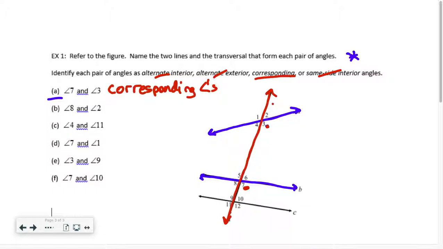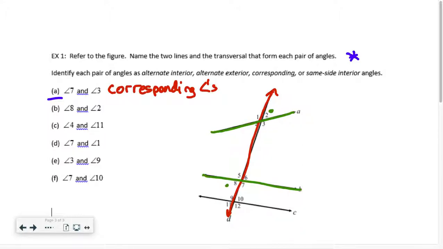And similarly, guys, we're just going to continue this kind of pattern to identify the rest of the pairs. So I'll erase so I can highlight again. 8 and 2. Okay, well, 2's right here. 8 is right here. We're still talking about the transversal being D, and the two lines that are getting intersected here, A and B. So transversal there is D, A and B are the two lines.